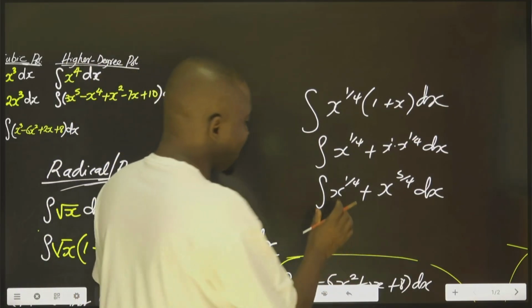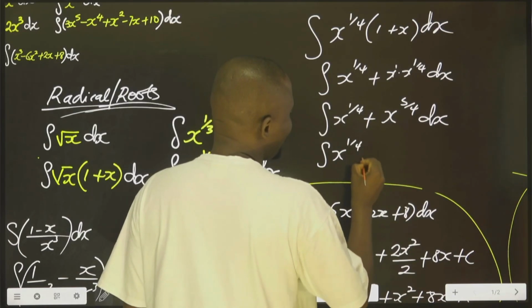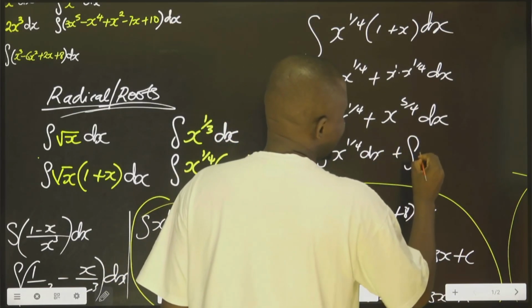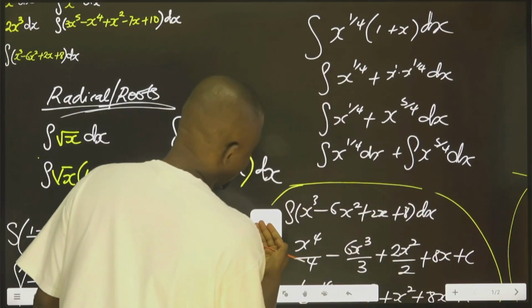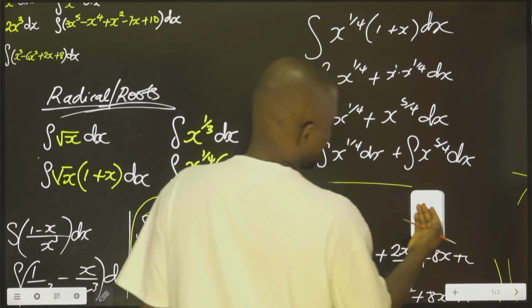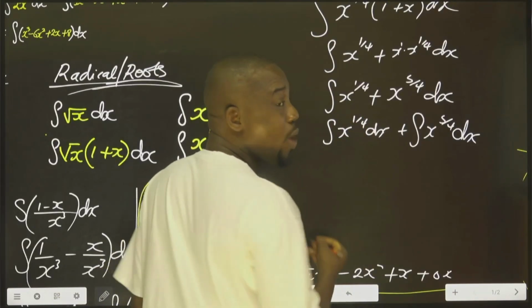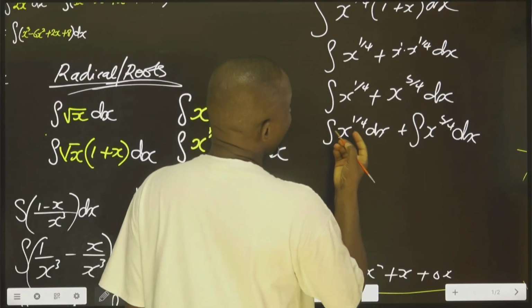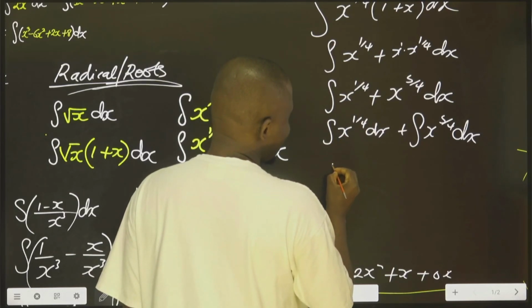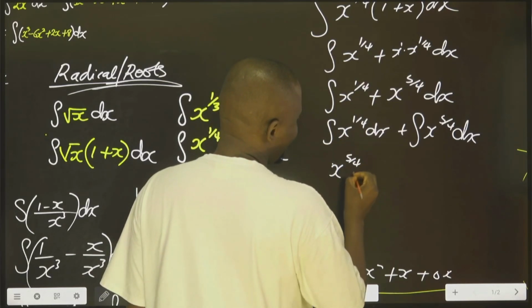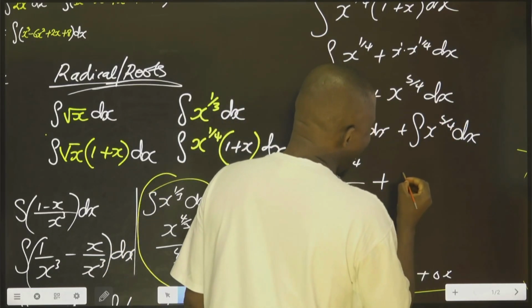Okay? Now, we can separate these two: x to the 1 over 4, dx, and x to the 5 over 4, dx. Okay? Now, we add 1 to 1 over 4. If you add 1 to 1 over 4, you are going to have 5 over 4. So that is x now, 5 over 4, over 5 over 4, plus, for this one, I'm going to have 9 over 4.